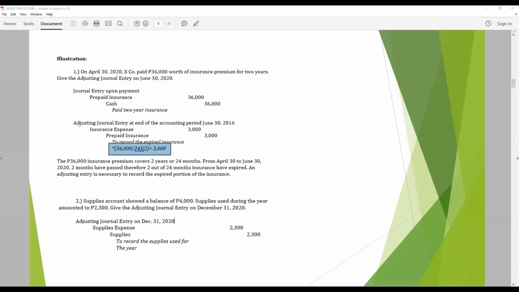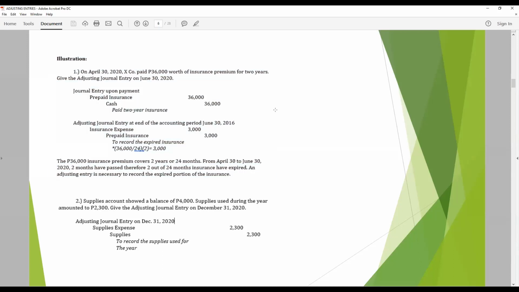So ito, i-expense nyo na ngayon ang expired portion ng prepaid insurance kasi passage of time, nag-expire na yung insurance from May and June. Considered ang June kasi June 30 yung end ng period. So i-consider nyo na siya as 1 month. If June 15 naman, half month lang. Ganon. Okay?